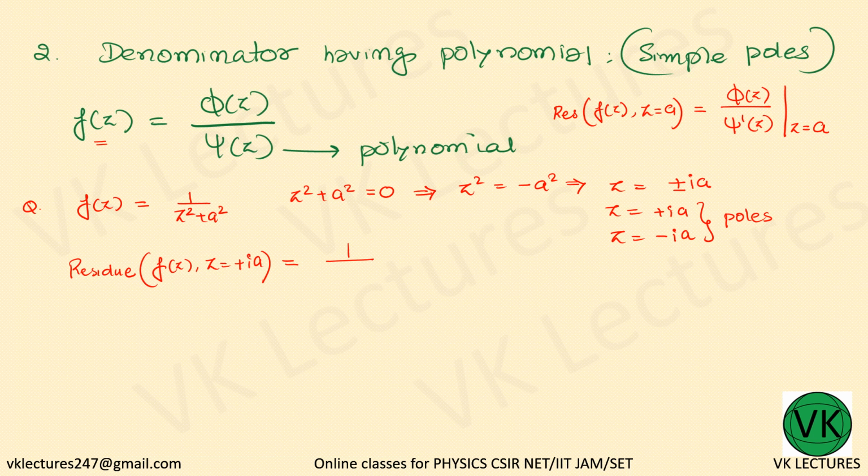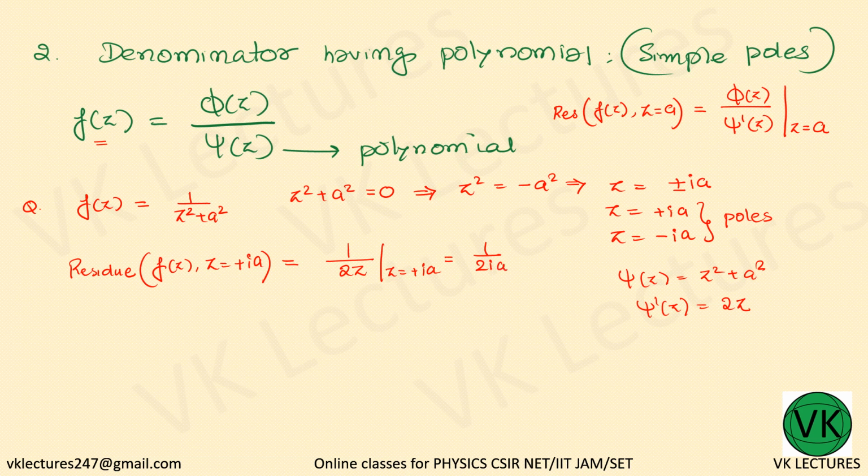So we write psi of z equal to z squared plus a squared, psi dash of z is equal to 2z, and that is 2z at z equal to plus ia, so that's equal to 1 divided by 2ia.